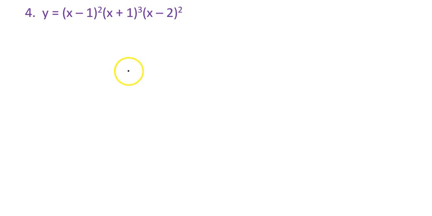Now, the last two examples that I want to show you don't fit that standard pattern. Again, like I said, most of the time when you're going to use this, it's going to be when you have a variable in the base and a variable in the exponent. And if you'll notice, example 4 only has variables in the bases, not in the exponent. But it is 3 things multiplied together. So imagine yourself trying to figure out how to do product rules inside of product rules with chain rules.